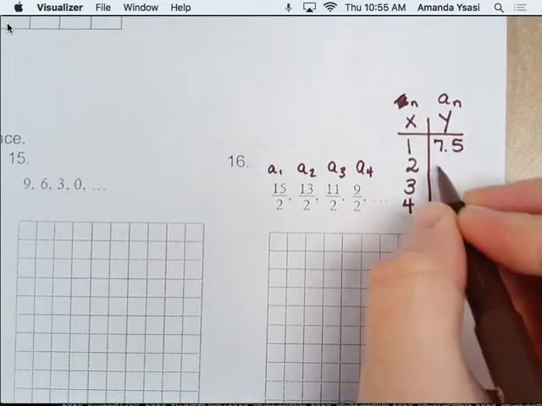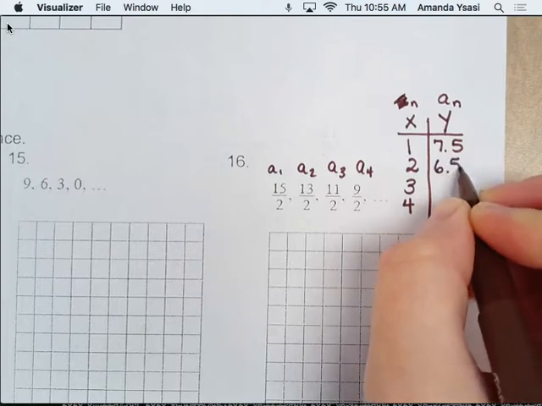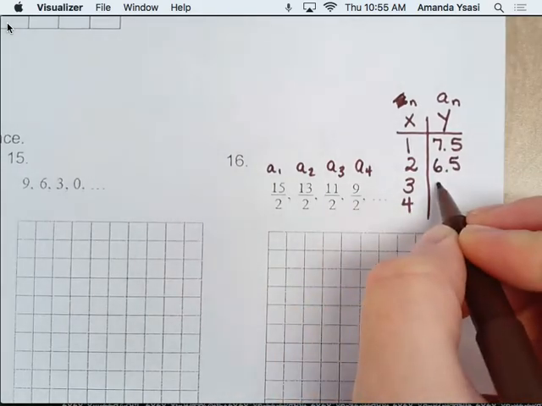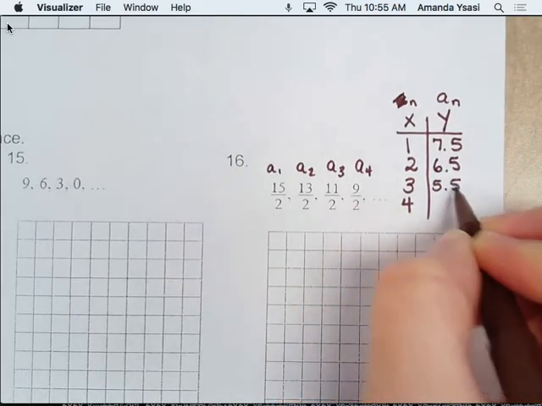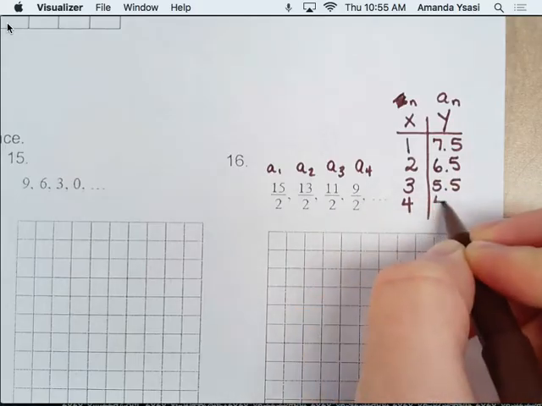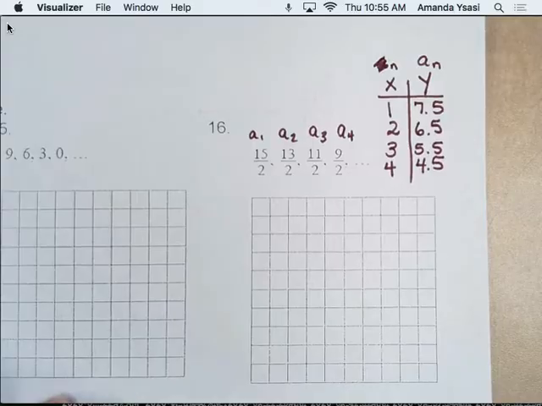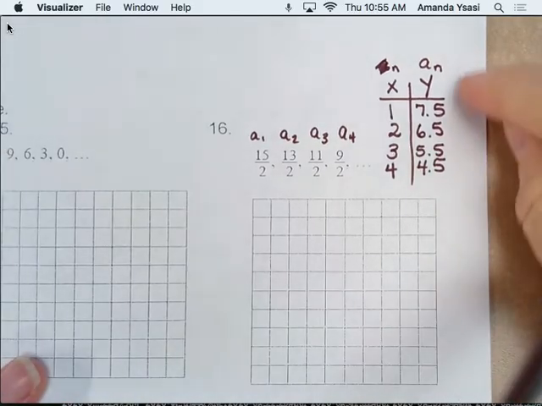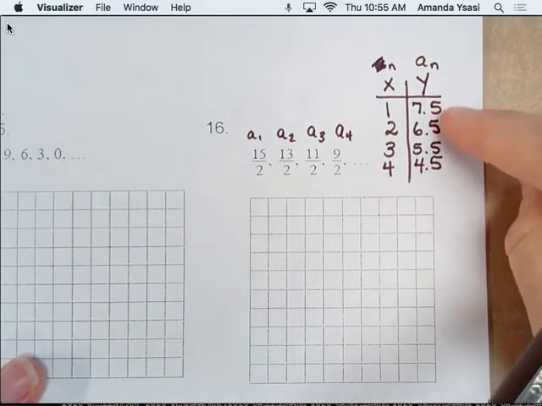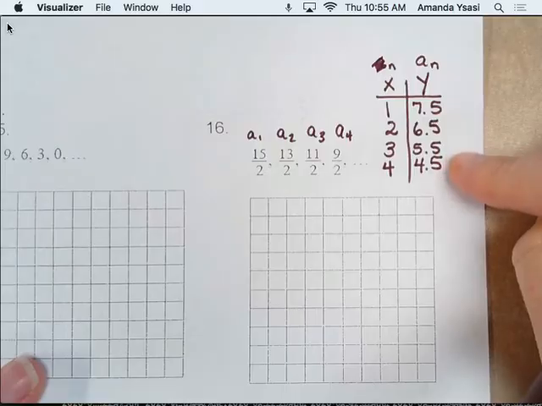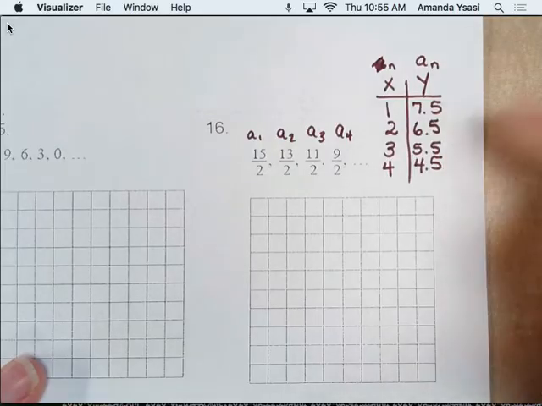So 13 over 2, 6.5, 11 over 2, 5.5, 9 over 2, so this would be our pattern. What's our pattern? Negative 1, subtracting 1 each time.